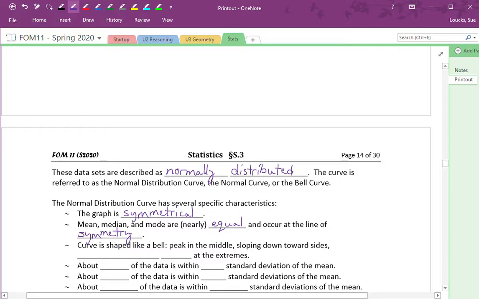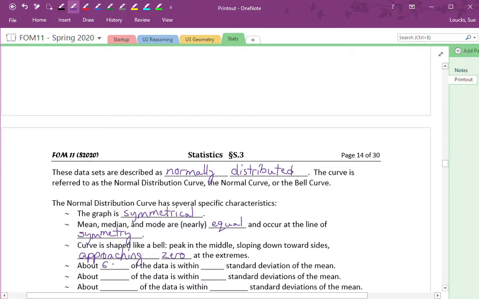The curve is shaped like a bell. There's a peak in the middle, slopes towards the sides, and approaches zero at the extremes. And then there's some numbers, and you do need to know these numbers.